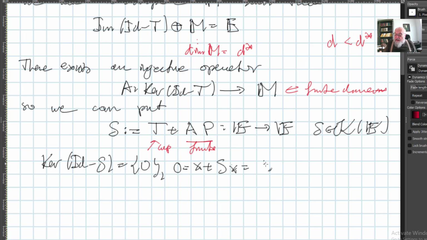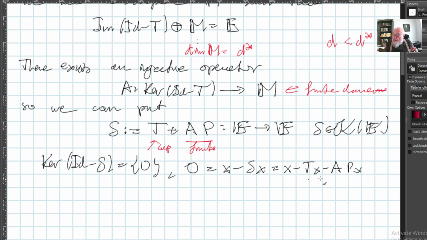So I'm sorry, 0 is equal to x minus Sx, which is equal to x minus Tx minus A Px.